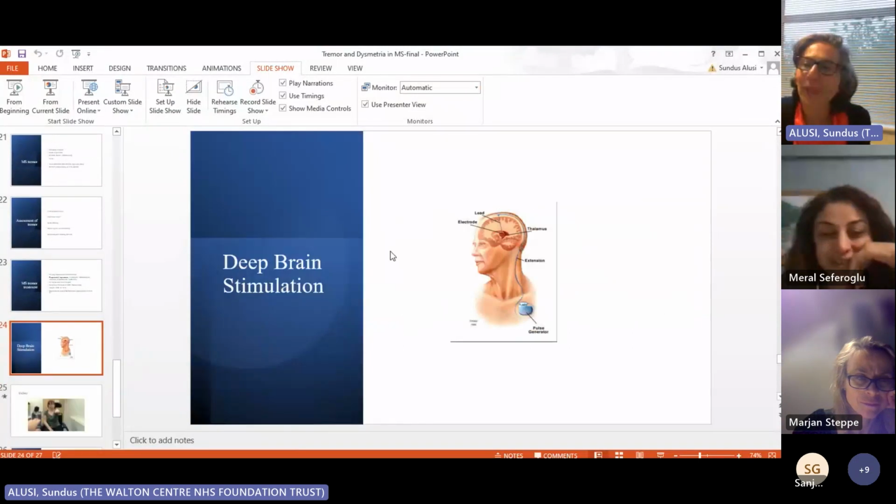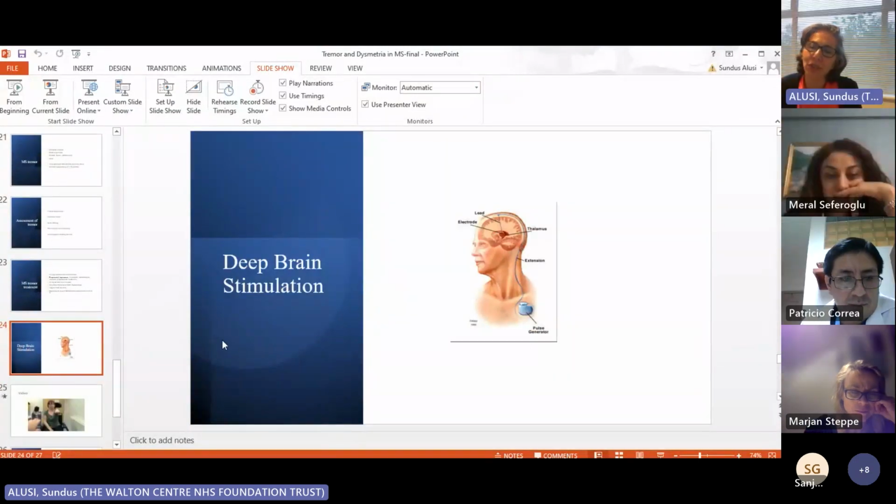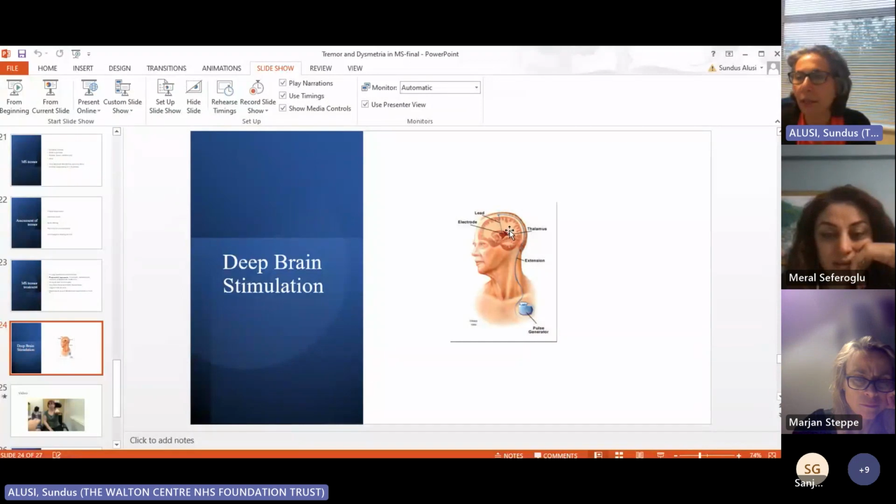Okay. So let's show you deep brain stimulation. Deep brain stimulation, which you're going to come across as MS clinicians, is basically we put a little electrode here in the thalamus, and that goes into a lead, and the lead into a wire. All this is buried under the scalp, and then the wire is buried under the skin down to a little pulse generator, a battery.